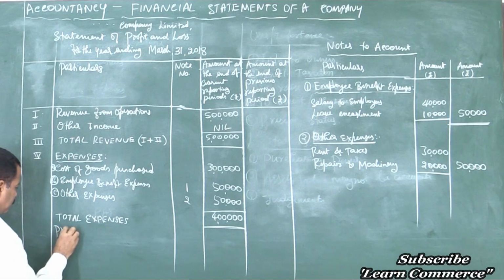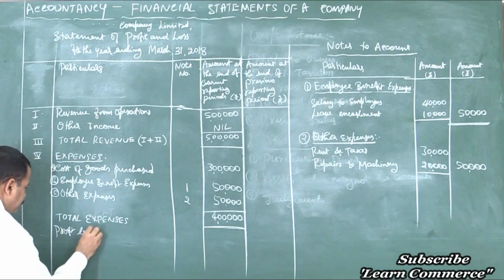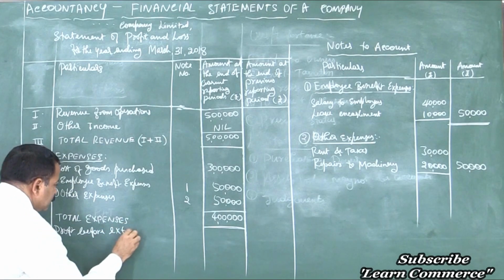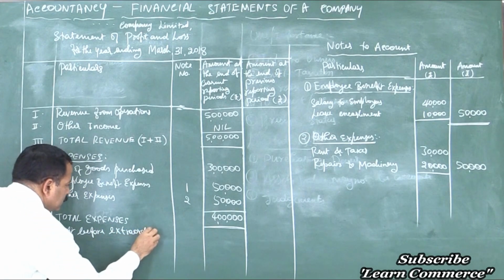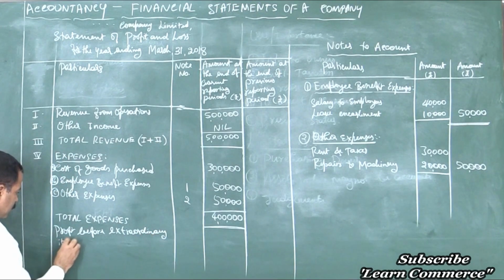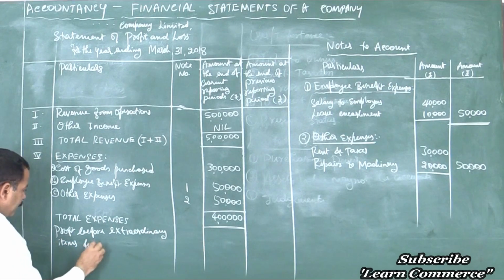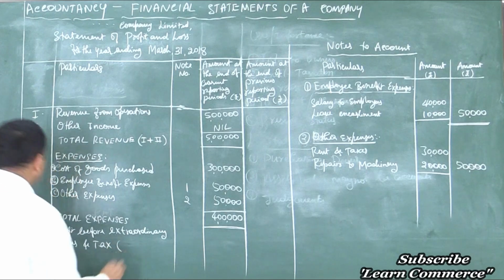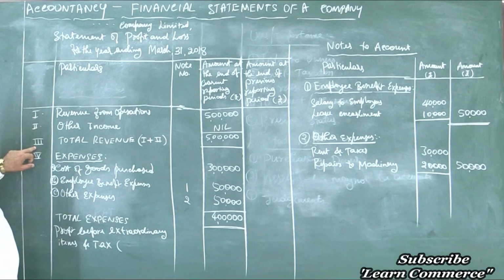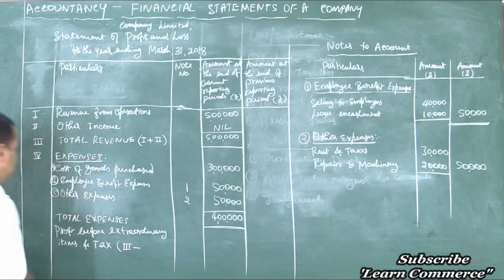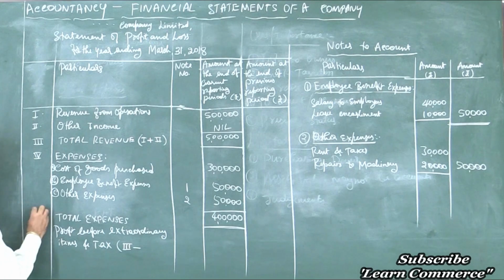Profit before extraordinary items and tax. Which one do we have to deduct? Total revenue 3 minus total expenses, that is 5, correct?